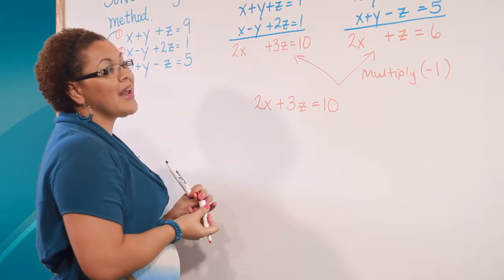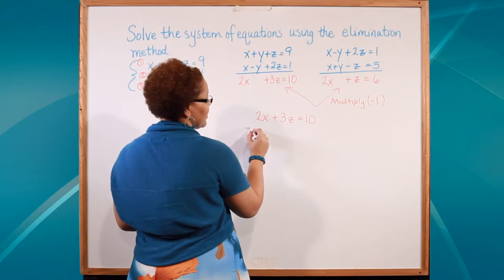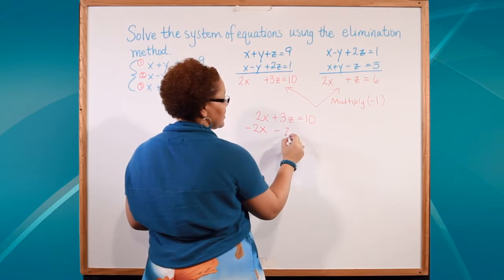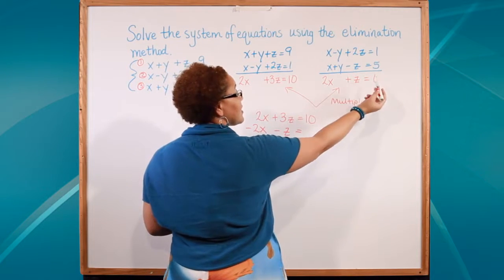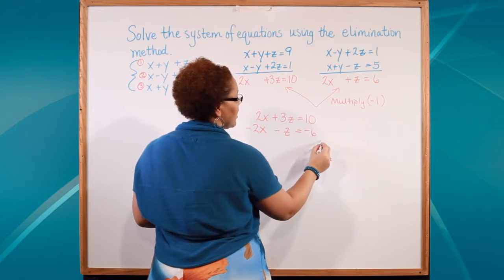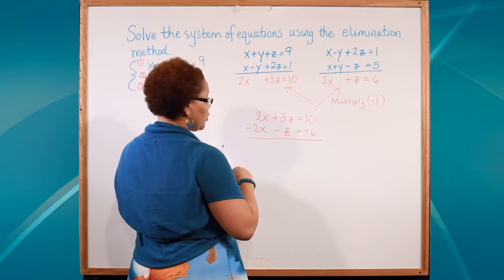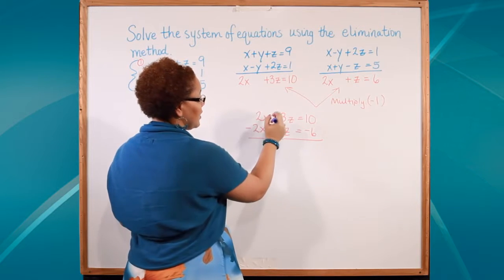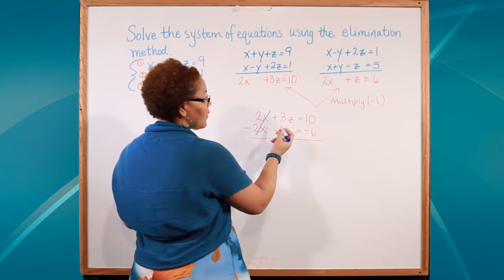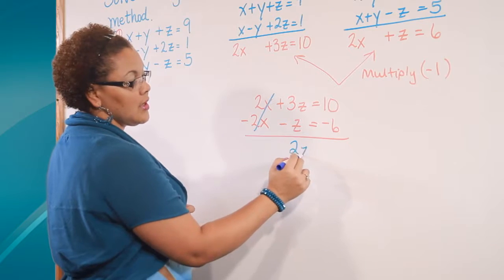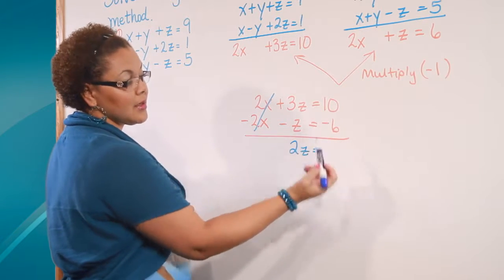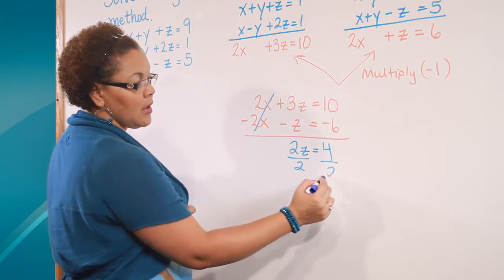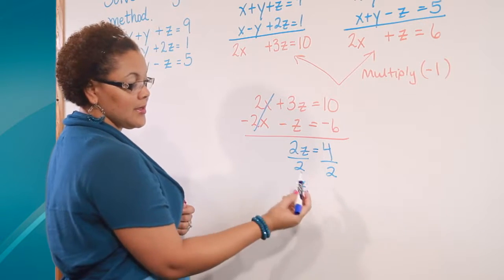So a -1 times 2x becomes -2x, and a z times -1 is minus z, and a 6 times -1 is -6. So when we combine our two equations that contain two variables, we eliminate the x variable. 3z minus z is 2z, and 10 minus 6 is 4. And then we can divide both sides by 2, and now we have solved for z.